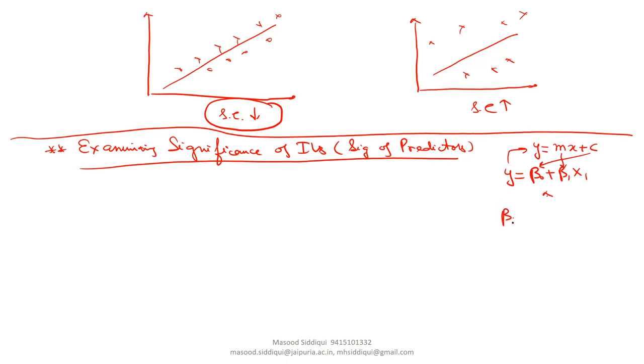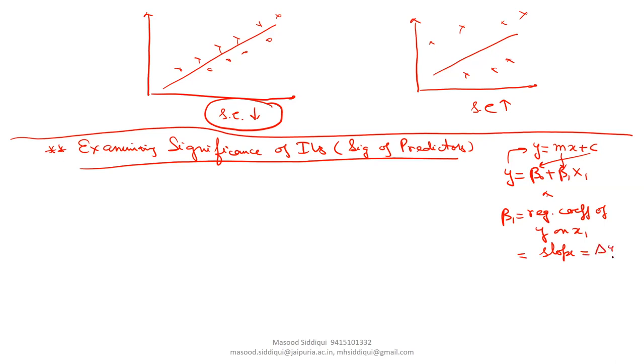This beta 1 is known as the regression coefficient of y on x1, which is equivalent to the slope m.